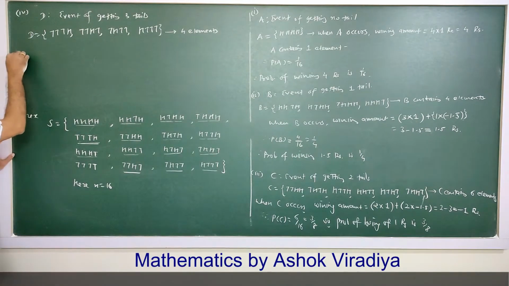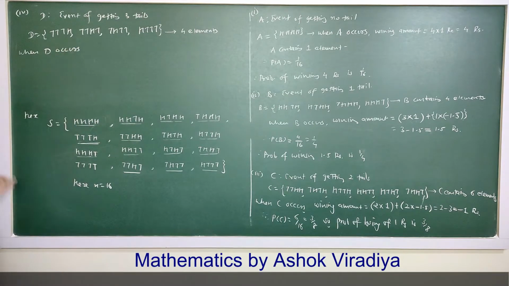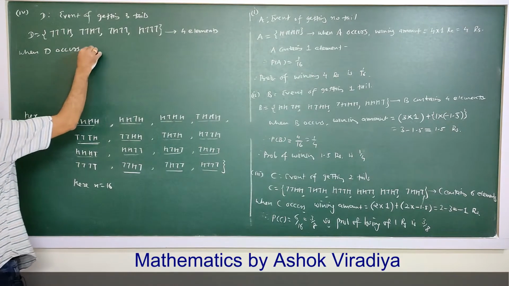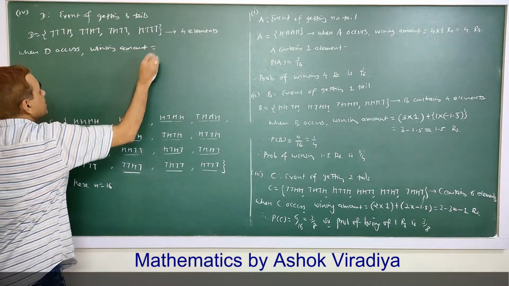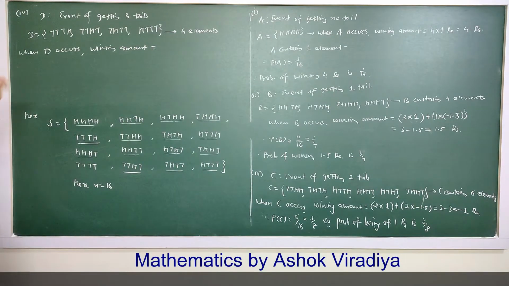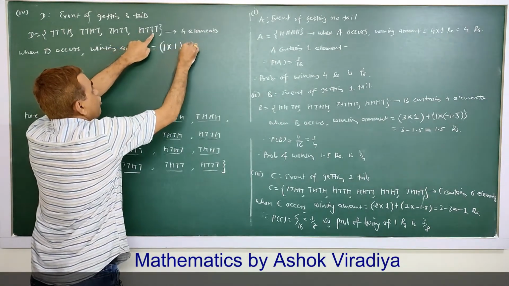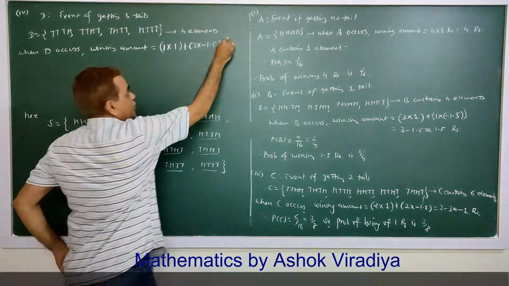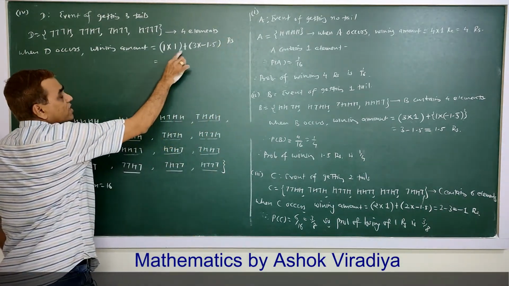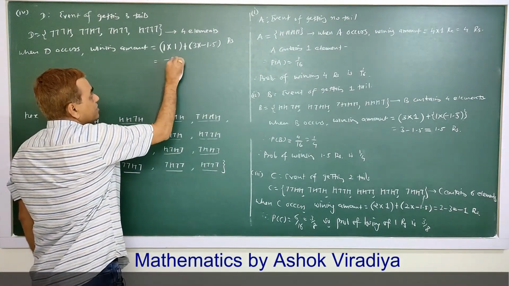Now when D occurs, the winning amount is 1 for 1H, 1 rupee, and on 3 tail minus 1.5 rupees each. So that is 1 minus 4.5, that is minus 3.5 rupees.